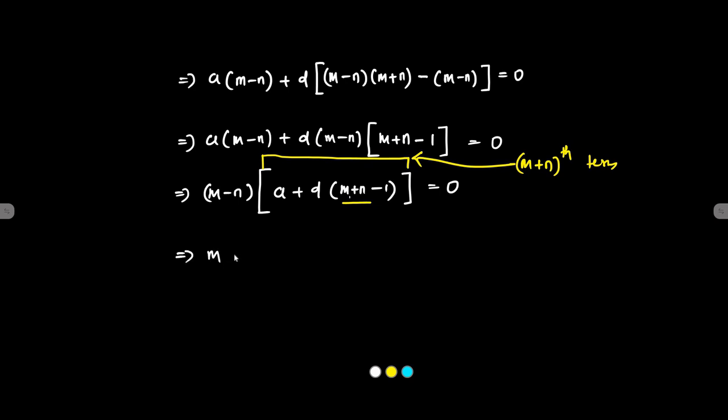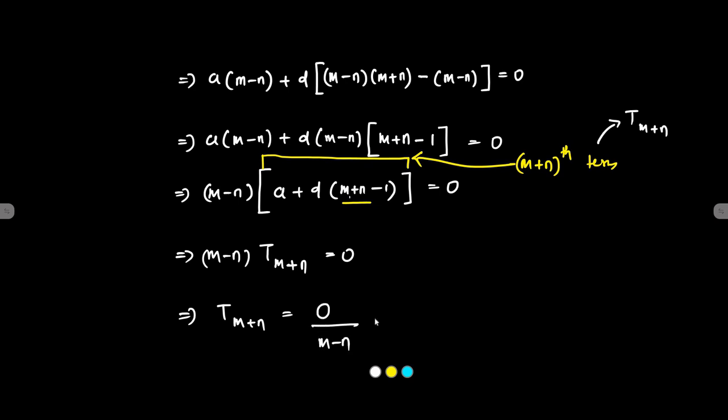So we can write it as m minus n into T subscript m plus n, which is the m plus nth term, equal to 0, because this is T m plus n, A plus m plus n minus 1 into D. So that implies T m plus n is equal to 0 by m minus n, which is equal to 0.